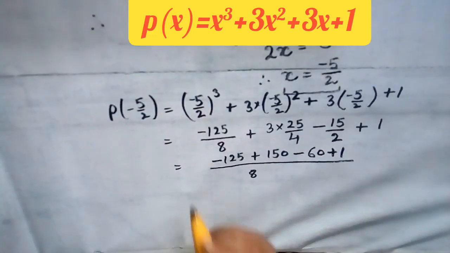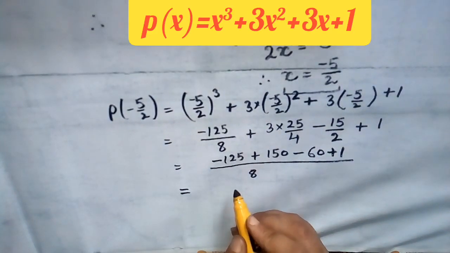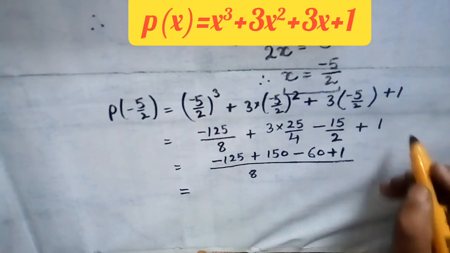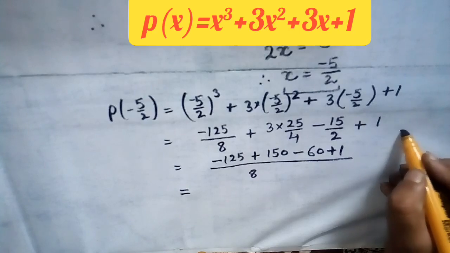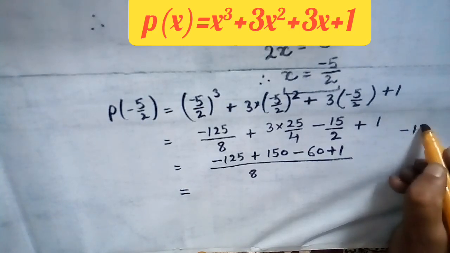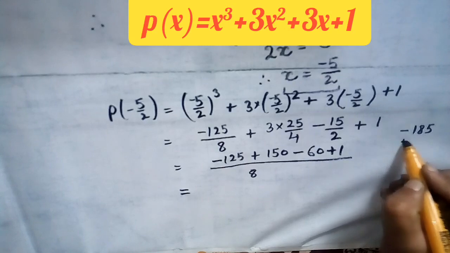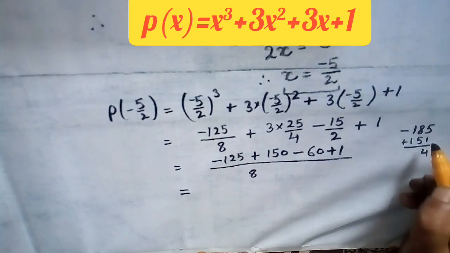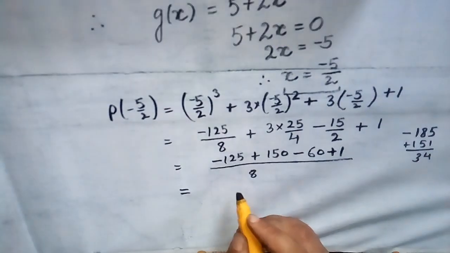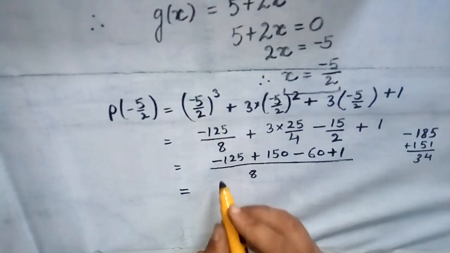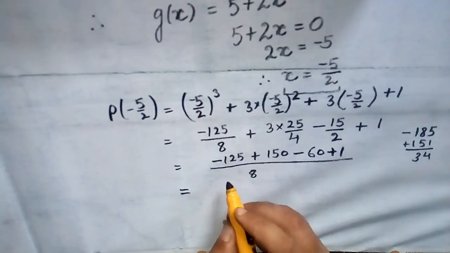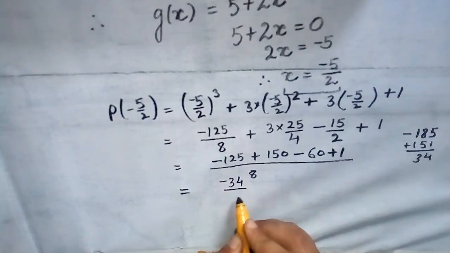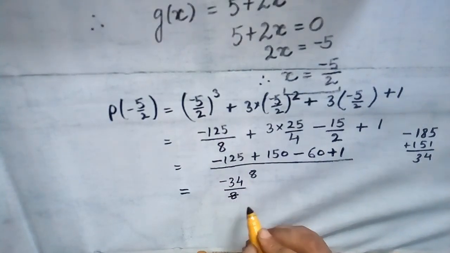Add the negative terms separately, so minus 125 minus 60 will be minus 185, and plus 151. 150 plus 1 are positive, subtract them, 34 will come and it will be negative because the negative sign is with the larger number, so the answer will be minus 34 upon 8.